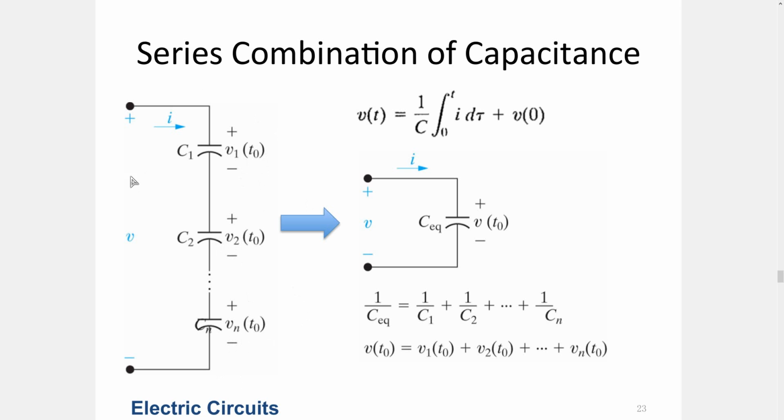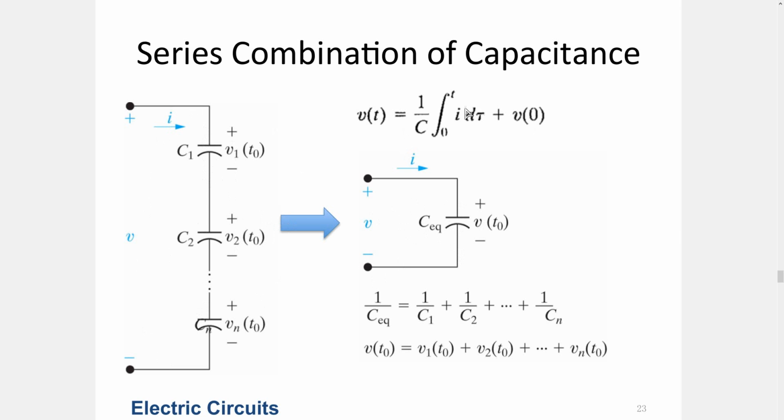Now we know that the voltage across a capacitor can be computed as 1 over C times the integral from 0 to t of i d tau plus V0. If we think that these series connected n capacitors act like one big capacitance, how would it work?